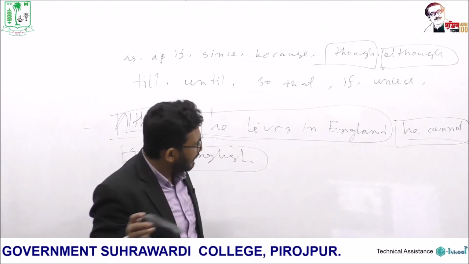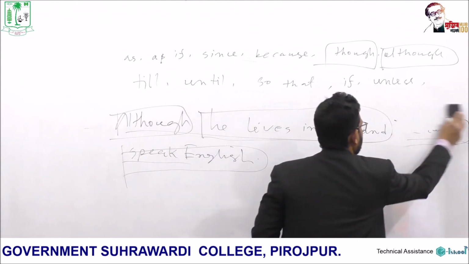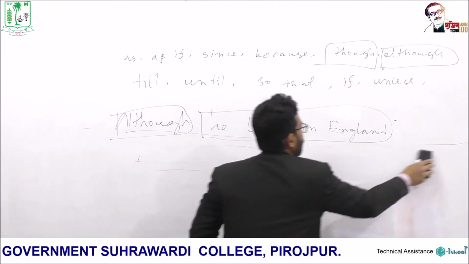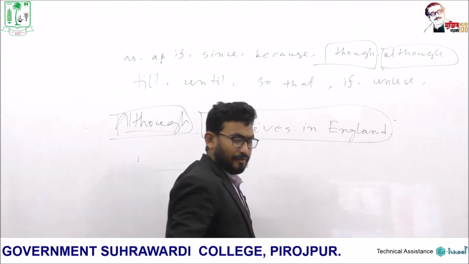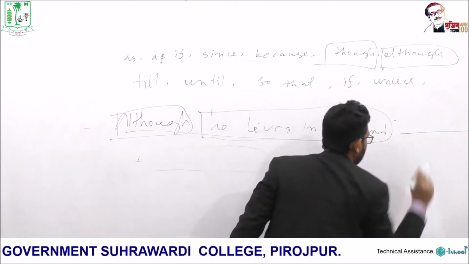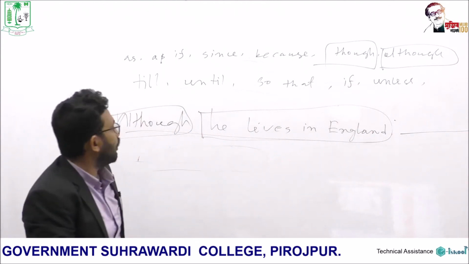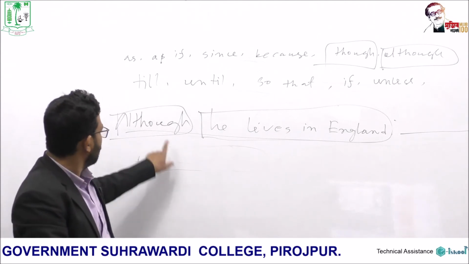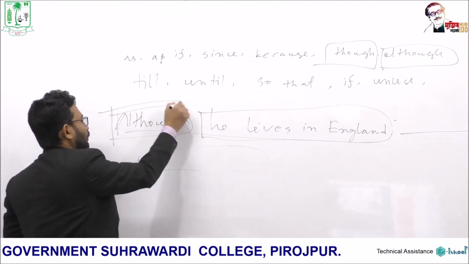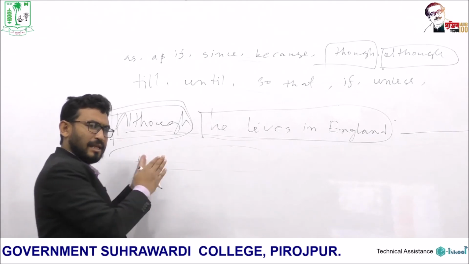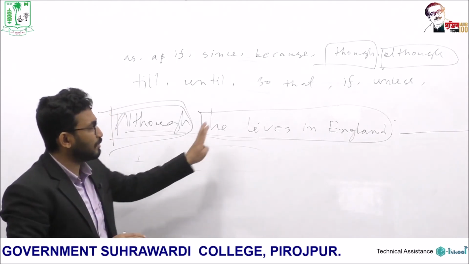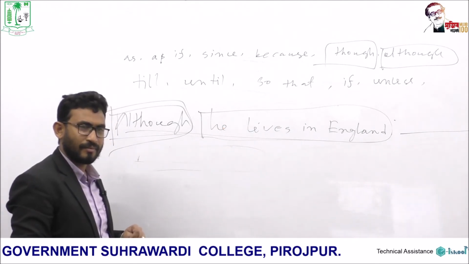See, in completing sentences, what happens? One clause is usually given, the other clause should be written. If it's given here, now complete this sentence: Although he lives in England. Look at this conjunction, although. This very conjunction indicates that you have to write a complex sentence.